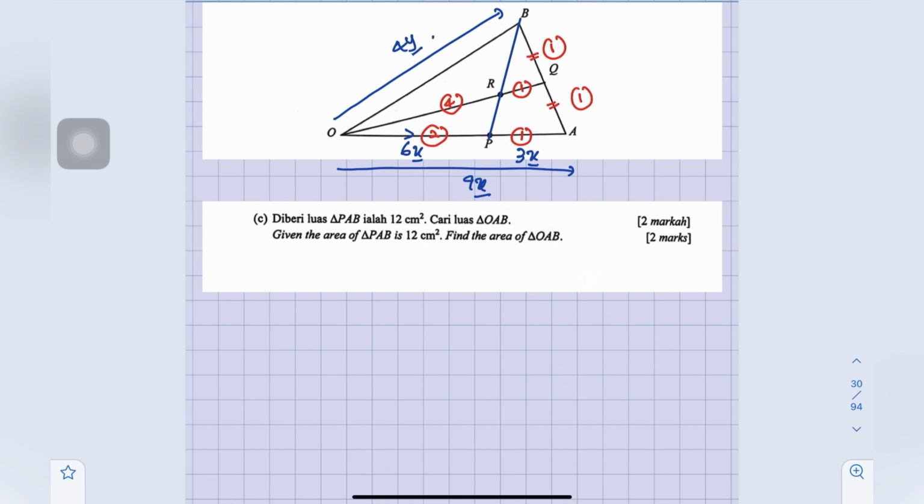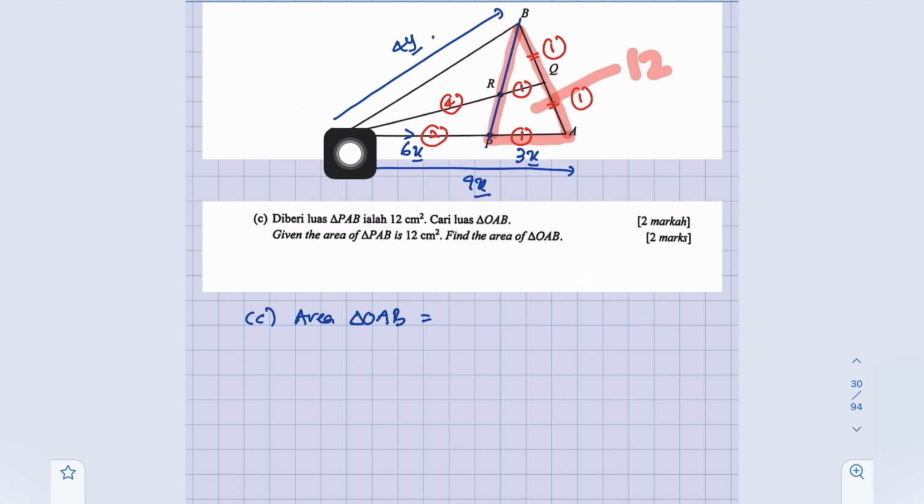C. Given the area of triangle PAB is 12 centimeters squared, find the area of triangle OAB. Okay, so triangle PAB. PAB is this one. The area is 12. Okay, so now we are going to find the area of triangle OAB. OAB is the big triangle.